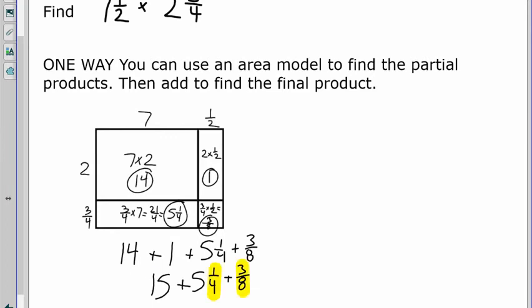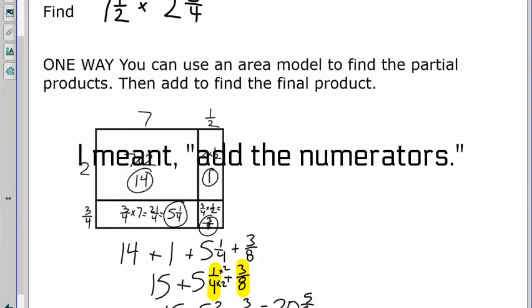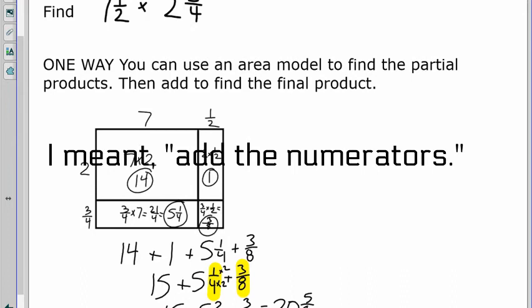So I'm going to rewrite this as 15 plus 5 2/8, multiplying top and bottom by 2, plus 3/8. If I add that together, I get 15 plus 5 is 20, and 2/8 plus 3/8 is 5/8. Remember, we add the numerators and not the denominators, and this is our answer.